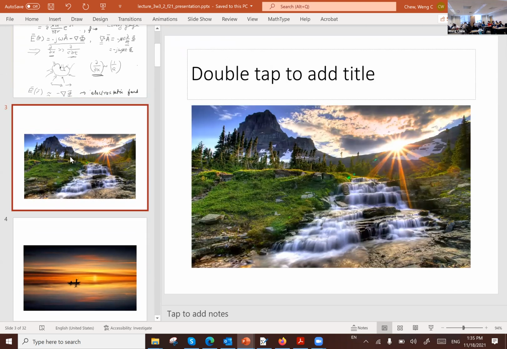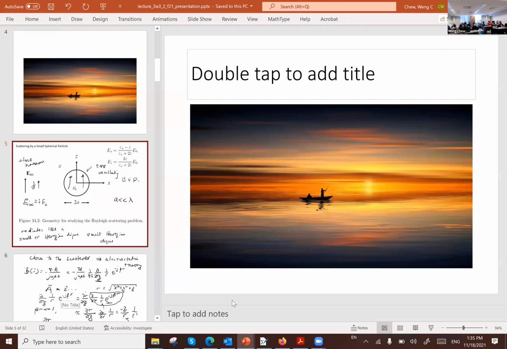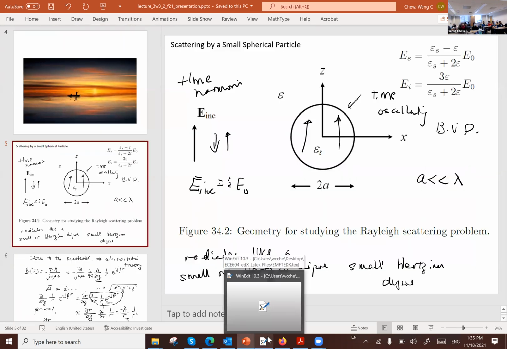Once you're able to do this problem, you can study amazing things, like understanding why the sunset looks beautiful, why the sky is blue, why we have the hue of gray so much in the sunset, and so on. Because we can use electrostatics to study this problem, we can solve this Laplace problem, as we gave you in the homework, where a small particle is switched on by an incident field on the left.